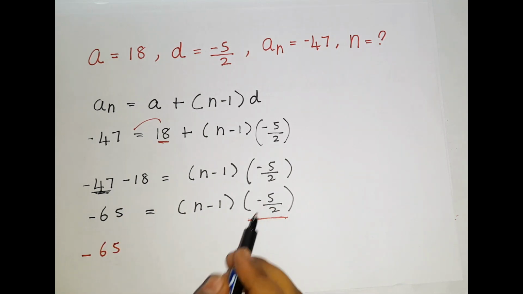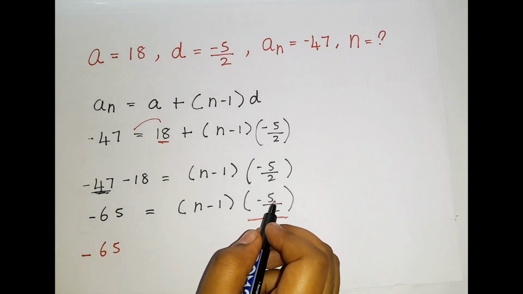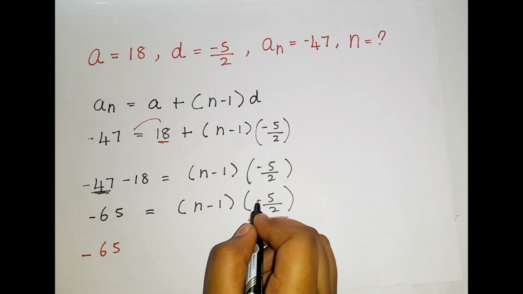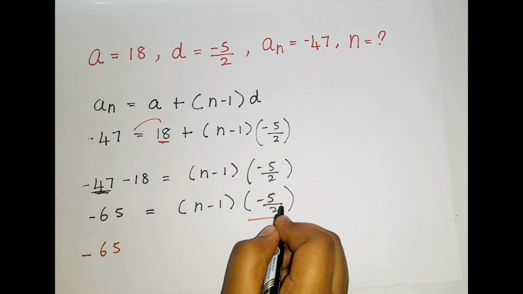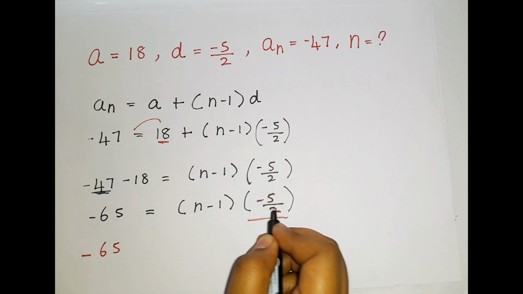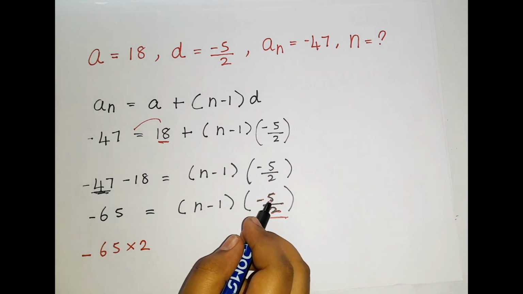When I get this value to this side, it changes. Be careful while doing this. Here we have minus 5 divided by 2. The 2 is in division form, isn't it? So when we get it to this side, it changes into multiplication, so into 2. Here we have minus 5.